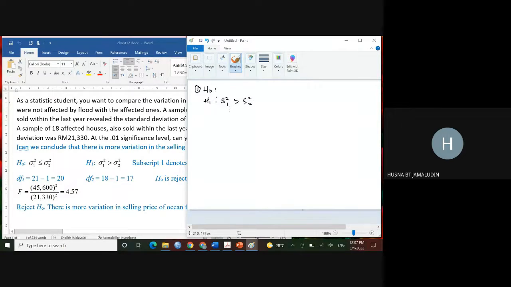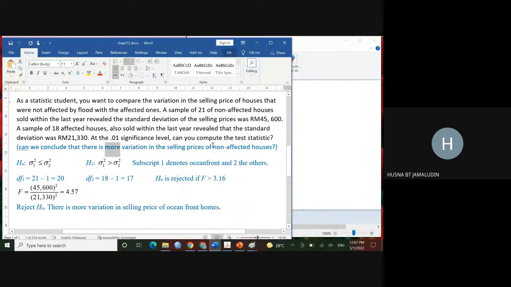Or you can also define what sample 1 is. If you look at this question, sample 1 is the non-affected house.